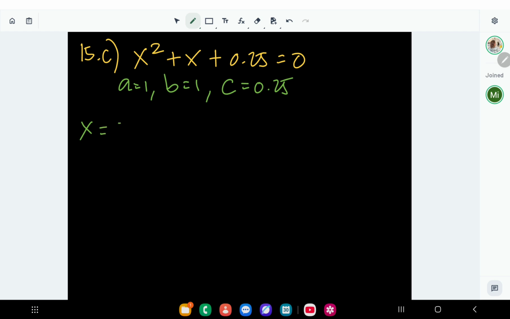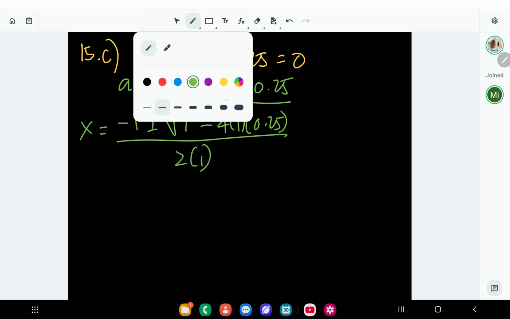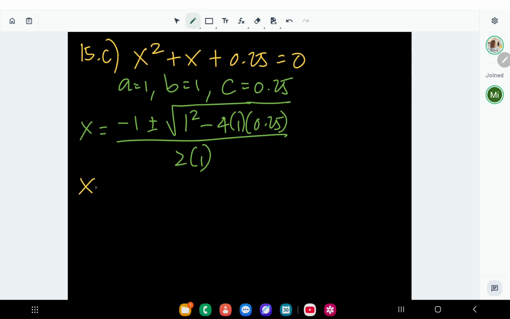So negative 1 plus minus square root of 1 squared minus 4 times 1 times 0.25, over 2 times 1. We simplify. So negative 1 plus minus the square root of 1 minus, what is 4 times 0.25?